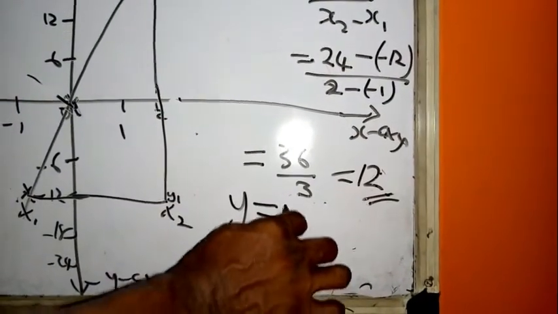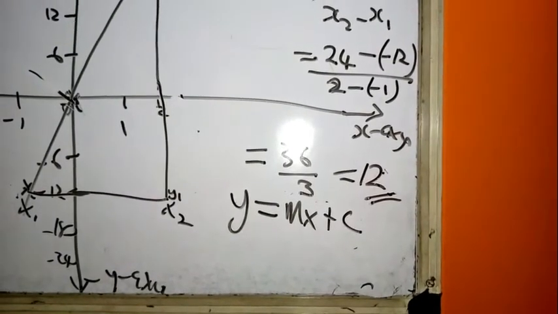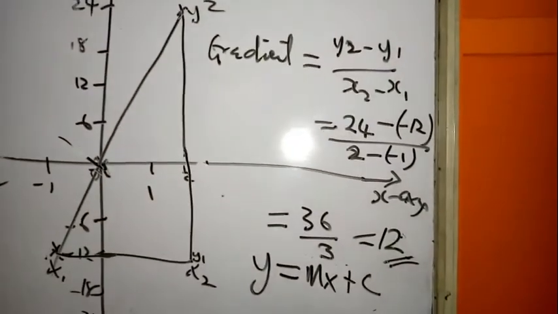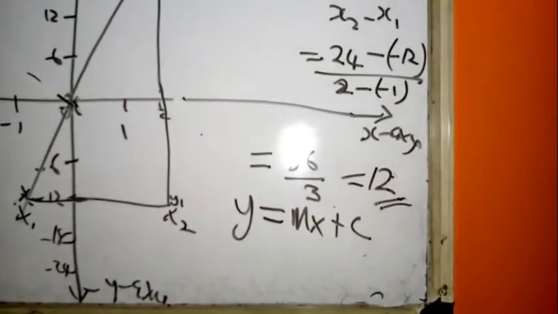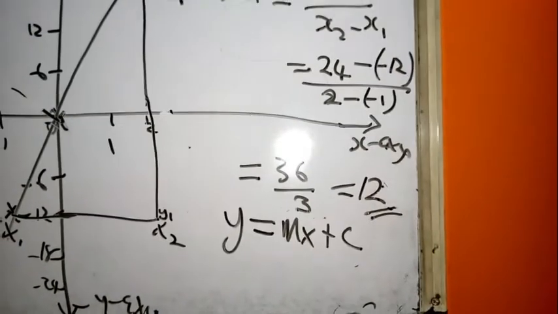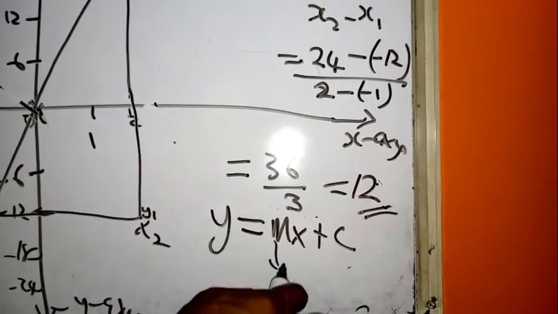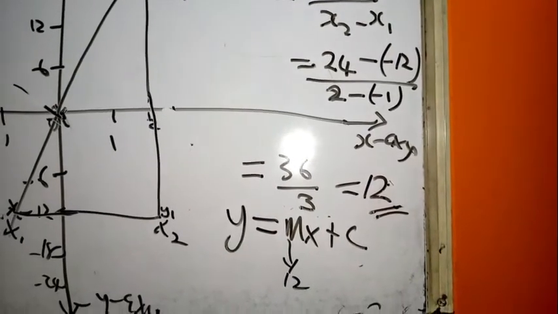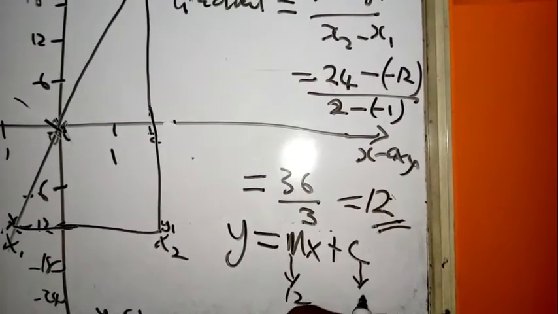y is equal to mx plus c. That is the formula for a straight line graph. From what we have on the board, we discover that it's a straight line graph. That's why we are using this equation to illustrate this diagram, where m is the gradient, which from what we have gotten is 12, and c is the intercept, which is 0.